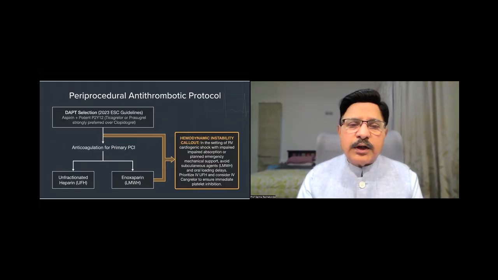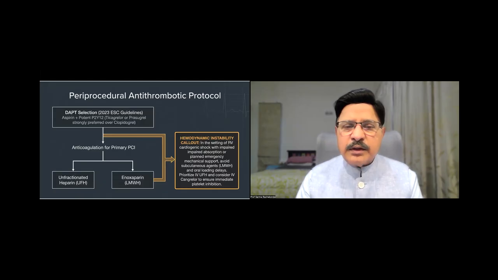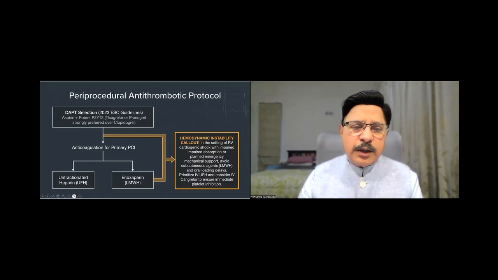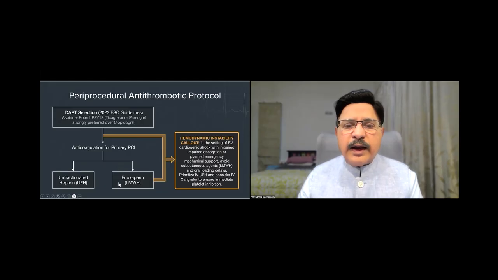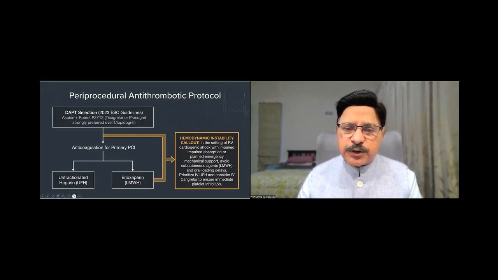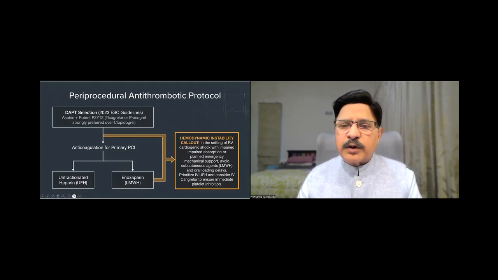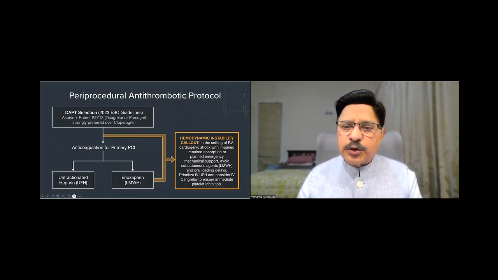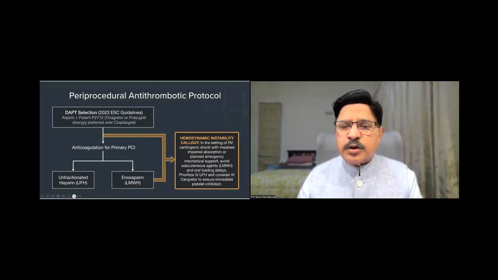Okay. Anticoagulation, you have started already. That means conventional heparin, 5,000 units, you have given. There are two choices here: unfractionated heparin, conventional heparin, or enoxaparin. In trials, both proved to be the same. Hemodynamic instability: suppose the patient's blood pressure is falling, bradycardia is there, heart block is there. In the setting of RV-associated cardiogenic shock with impaired absorption or planned emergency mechanical support, avoid subcutaneous agents like LMW heparin or oral loading delays.